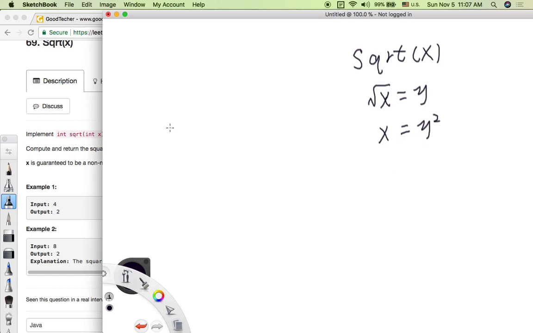We can draw a picture with an axis. If that's 0 and this is x, in a picture this math formula would be like this. We are going to find the place which is the square root of x, that's just the y point, where y squared is equal to x.